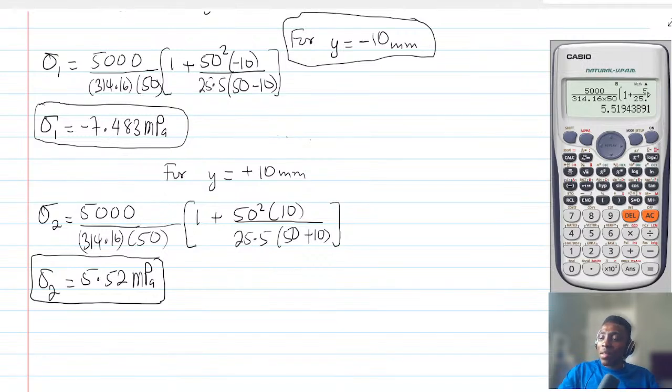So please, any questions? So I just want to solve one crane hook question with you, and then we will end it on curve bar.